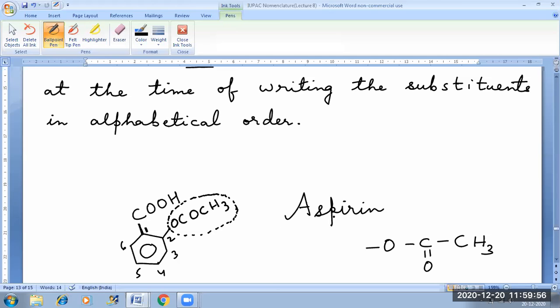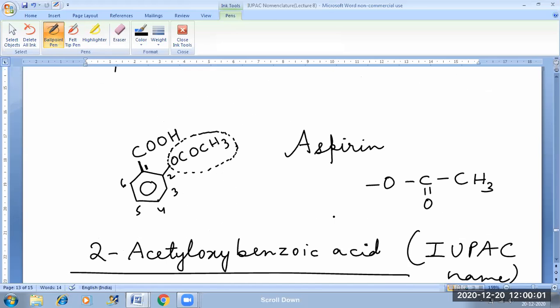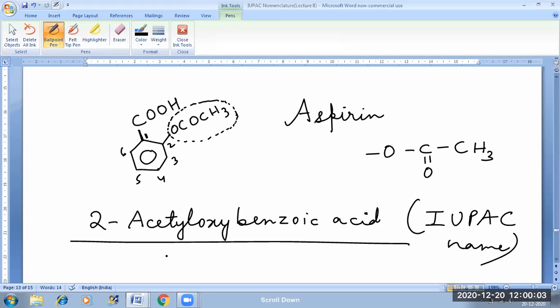And that is why we need to know the prefix for that. I showed you the prefix. The prefix will be acetyl oxy, and the name of this compound will be 2-acetyl oxybenzoic acid. This is the IUPAC name. Aspirin is the common name of this compound.